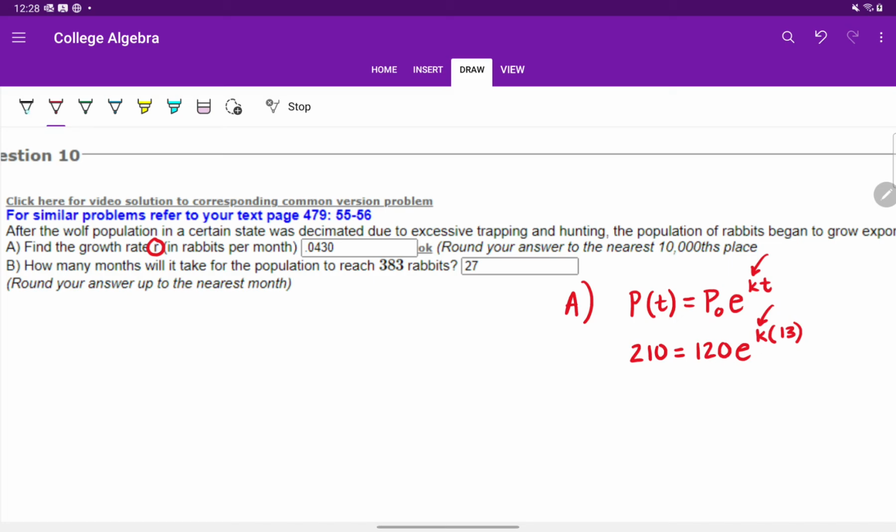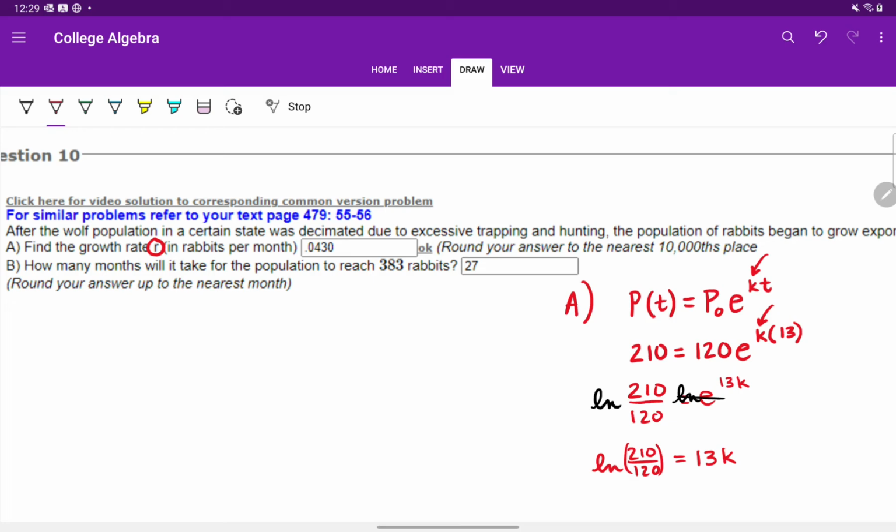That means we're going to start by dividing both sides by 120. So we get 210 divided by 120 equals e to the, we'll call it 13k. Then we're going to take the natural log of both sides to cancel out the e. So on the right, the natural log and the e cancel, but on the left, we'll have natural log of 210 over 120, and that's equal to 13k.